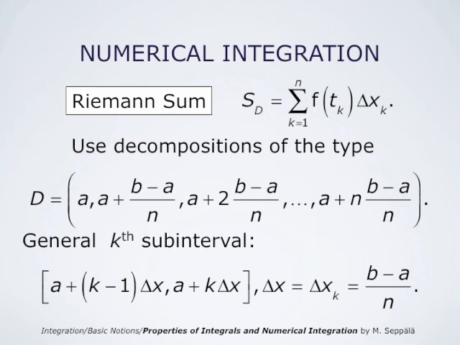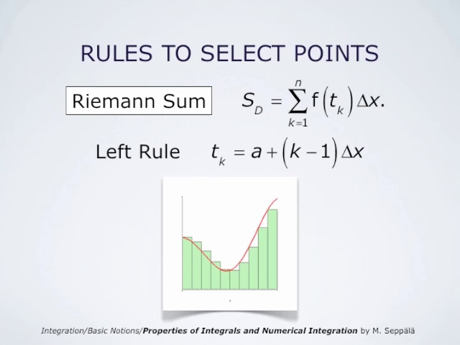We still have to decide how we choose the points tk from the various subintervals. We may use the left rule, in which case the point tk is the left endpoint of the corresponding subinterval. Then tk would be a plus (k minus 1) times delta x. This picture here shows a left rule approximation of the integral of the function whose graph is the red curve shown in the picture.